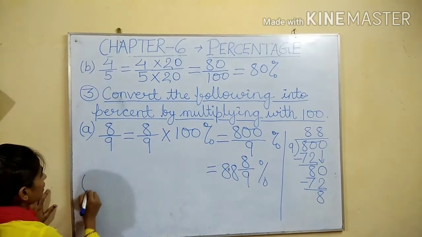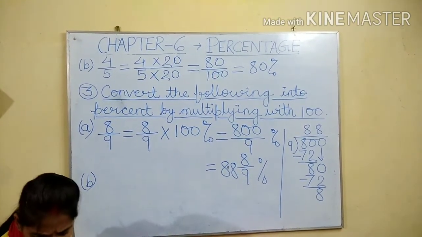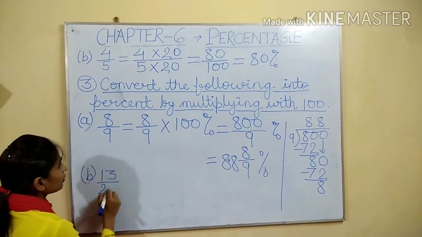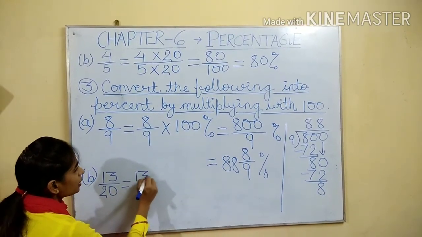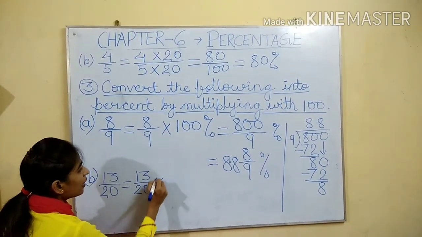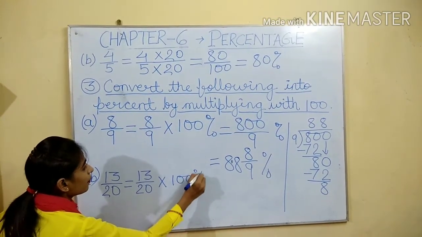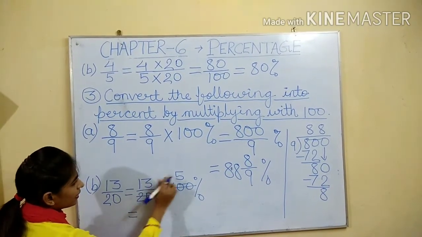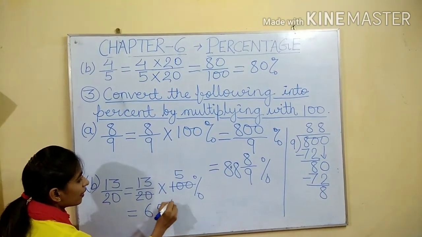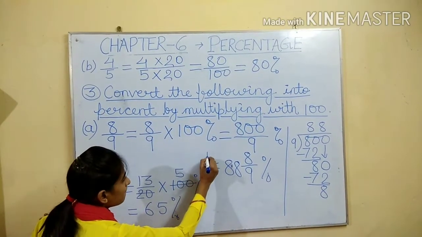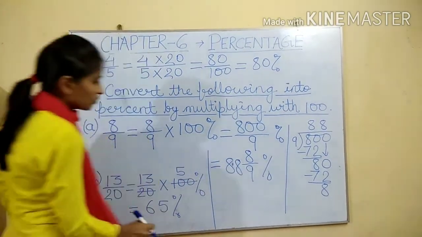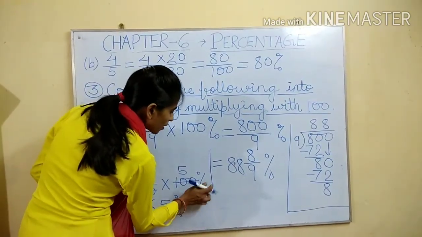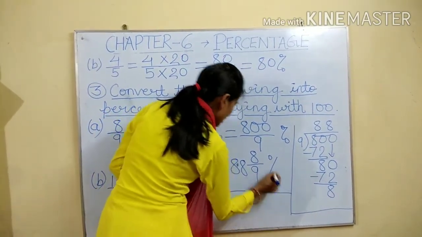Okay. Question number B is 13 by 20. Very simple. 13 by 20 multiplied by 100%. 20 times 5 is 100, and 13 times 5 is 65.